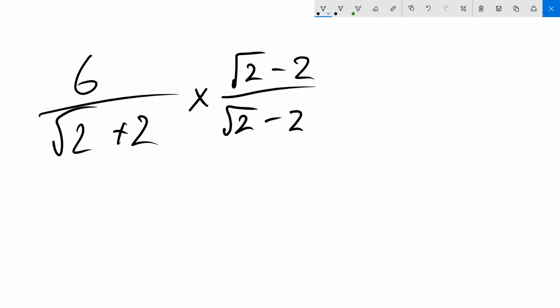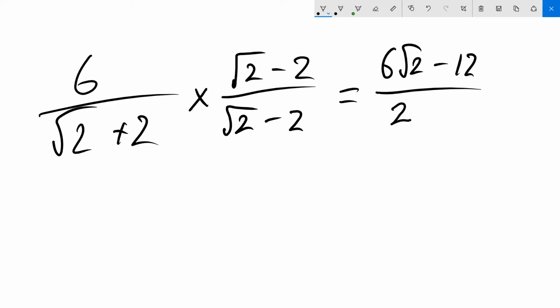Again, it's still 1. So we get 6 root 2 minus 12 divided by root 2 squared is 2, and then minus 4.